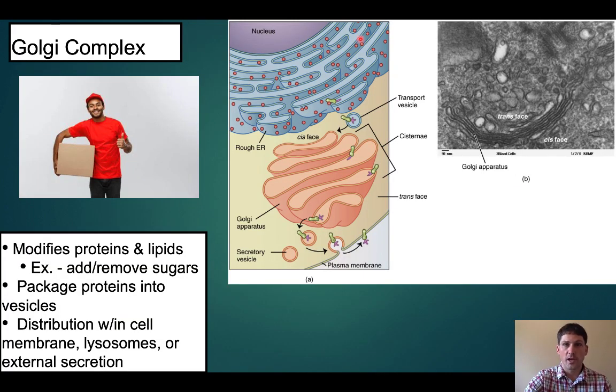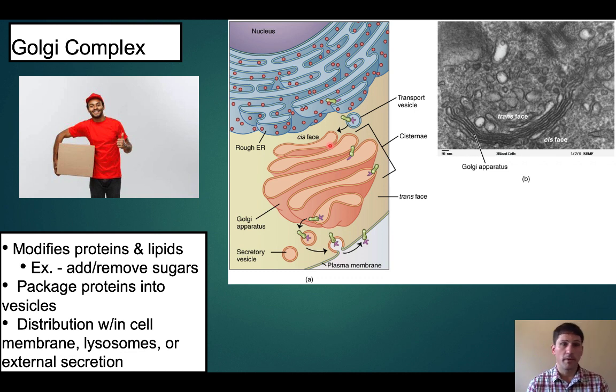And then we have our Golgi apparatus. So we just talked about that transport vesicle here that's coming from our rough endoplasmic reticulum. It's got a modified protein, and we then bring it to our Golgi apparatus. And in the Golgi apparatus, we see that it's modified a little bit more.